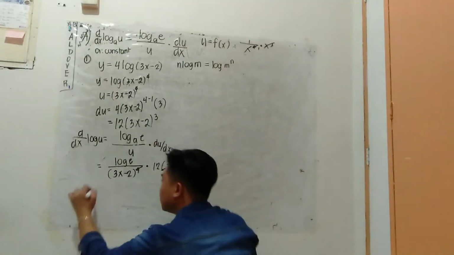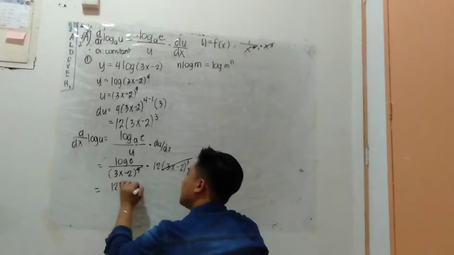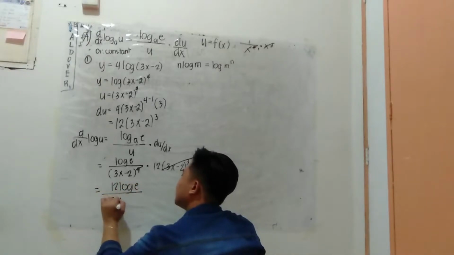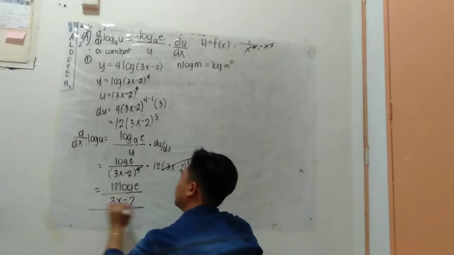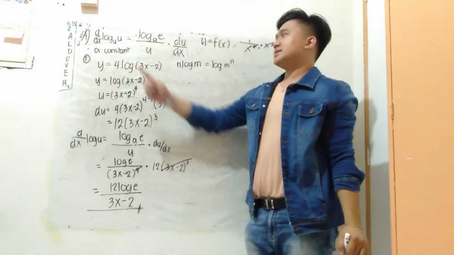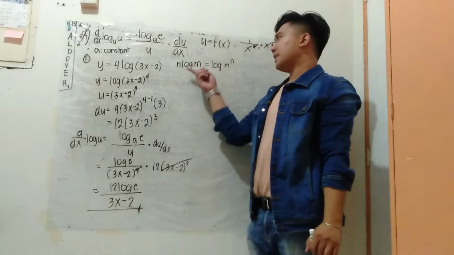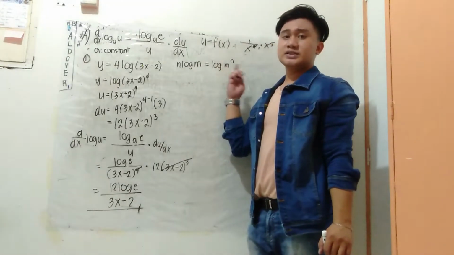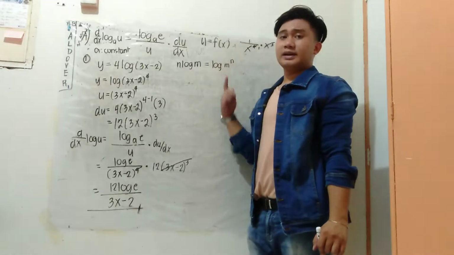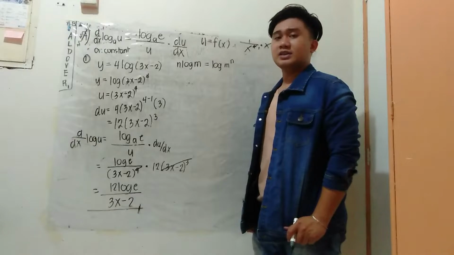So, this is equal to 12 log e over 3x minus 2. And that is the derivative of this equation. You are going to apply the properties and rules and laws of logarithmic functions. So, babalikan nyo po yun, ha?